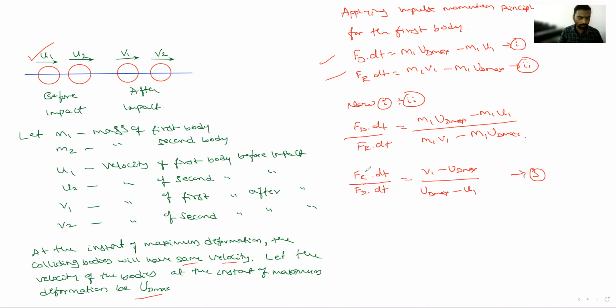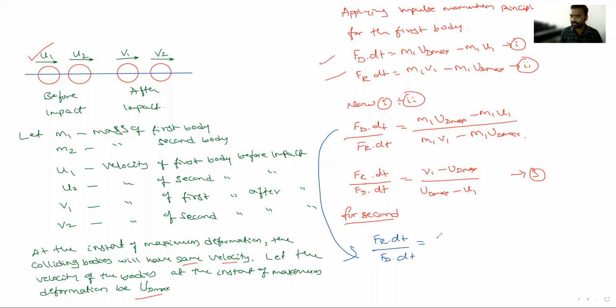Then similarly, can you apply for the second body? Yes, sir. For the second body I will write this equation first. So fr into dt divided by fd into dt.